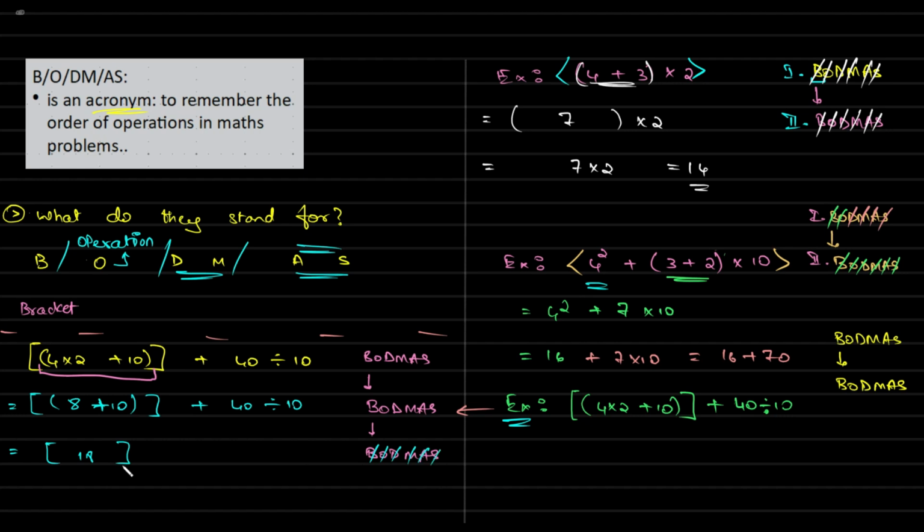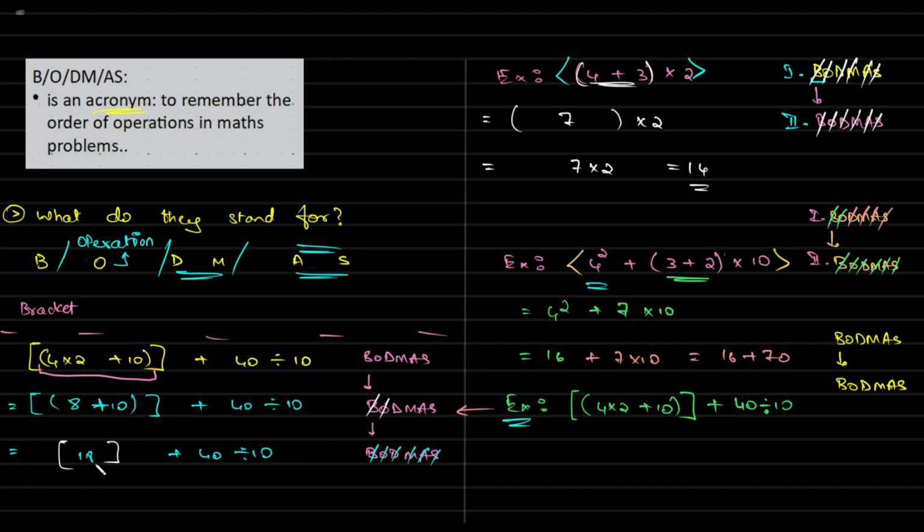There is no subtraction within the bracket, so we have 40 divided by 10. Okay, so we've covered pretty much all the brackets inside the brackets, so that is done.